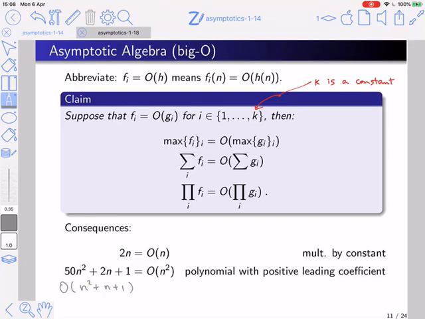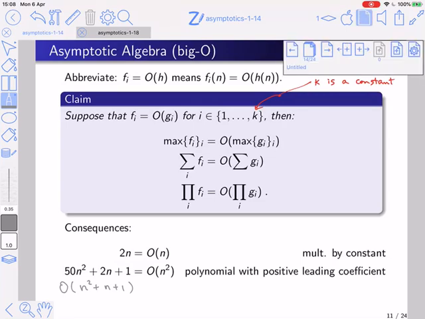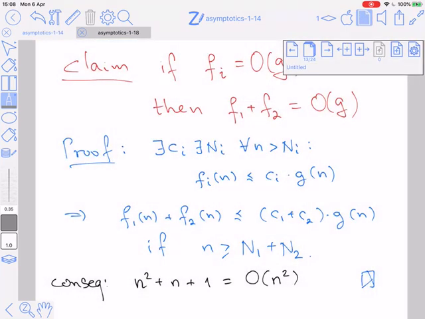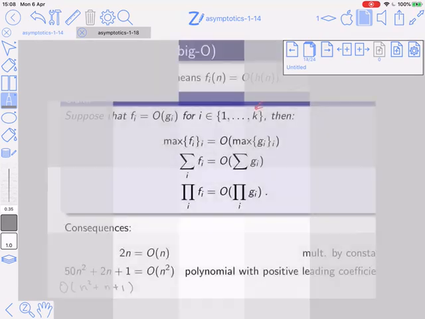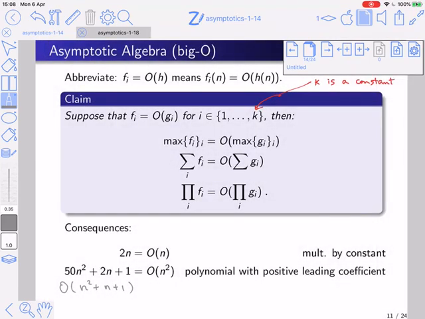Well, we already saw in the previous slide that n squared plus n plus 1 is big O of n squared. So therefore, if 50n squared plus 2n plus 1 is big O of n squared plus n plus 1, and n squared plus n plus 1 is big O of n squared, then I get that this left-hand side is big O of this right-hand side. I will formalize this transitivity, which I just applied, shortly.